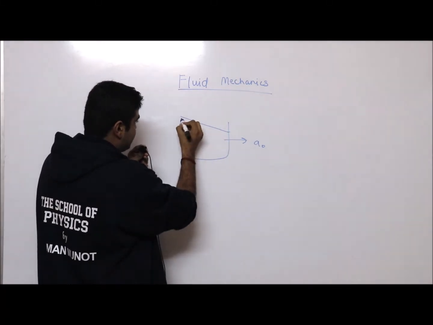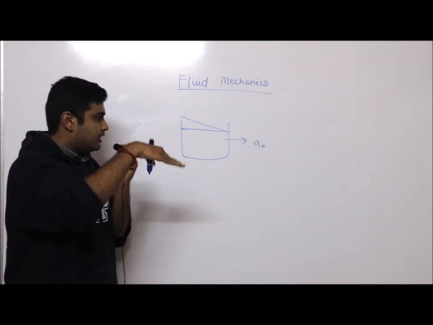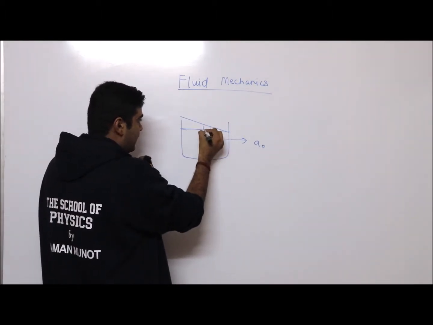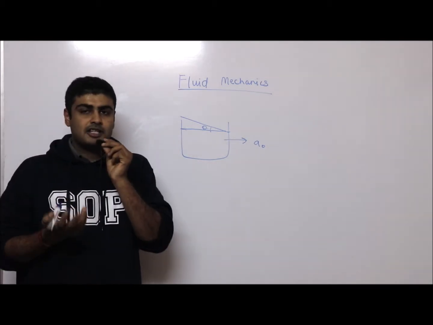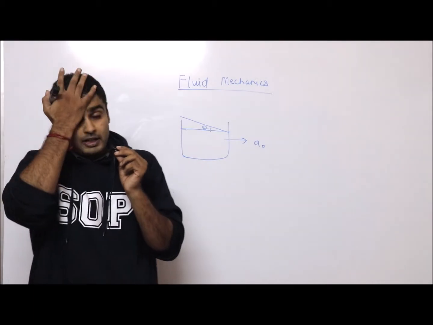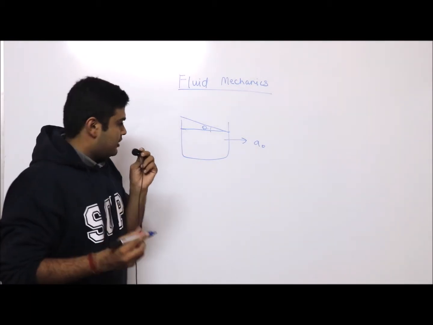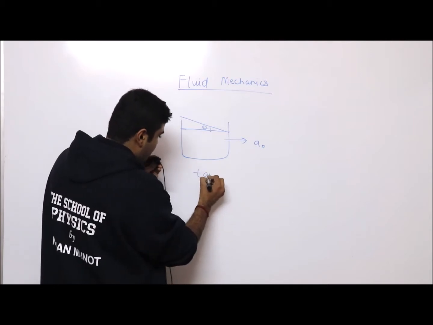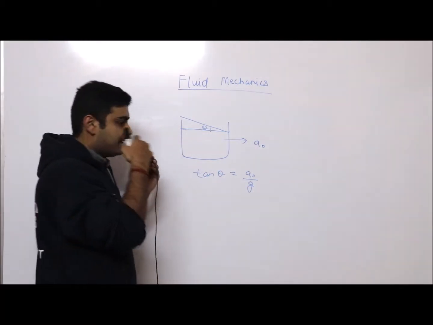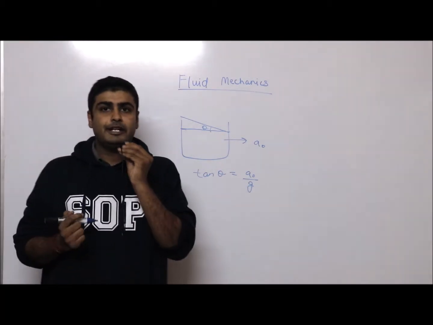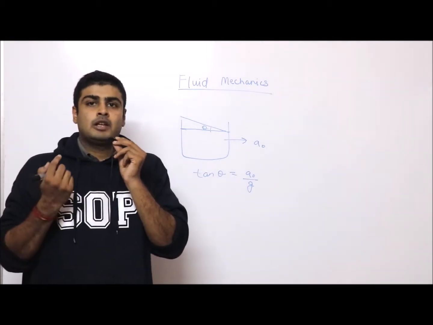This was horizontal initially, now it has tilted, and this angle is theta. This is a very common, directly asked question: you have to find tan theta. You have to remember this formula, tan theta is equal to a0 by g. No need to derive it, there are 2 or 3 equations needed to prove this, so we directly apply this in the exam.